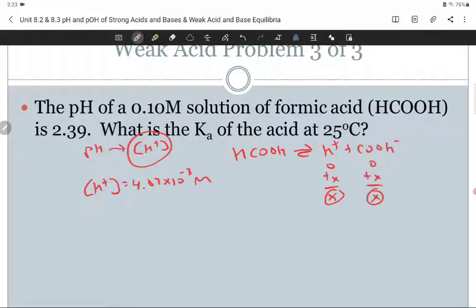So if we wanted to get the Ka value, Ka is going to be 4.07 times 10 to the negative third squared, because we have x times x. And then on the bottom, we were told we had a 0.1 molar solution.